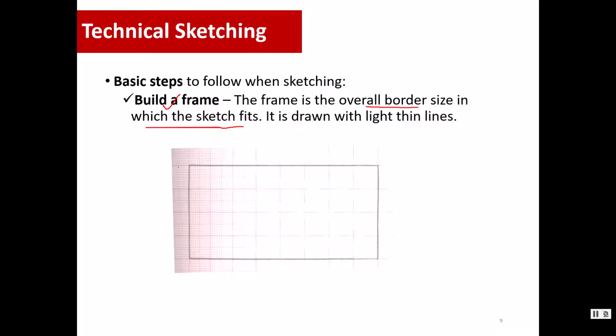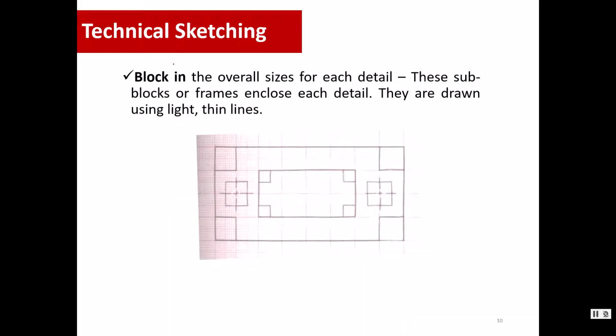So we're just going to draw a frame like this. I'm so sorry, my pen is not really that straight, but if you use grid paper, definitely you're going to get a very neat sketch. Then the next step is to block in. You put some block details, blocks like this one, and so on.